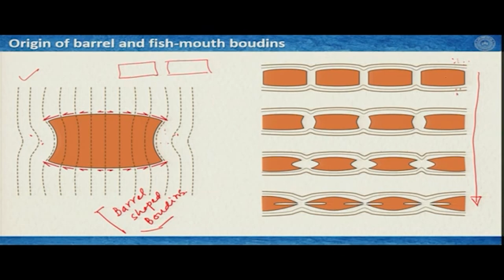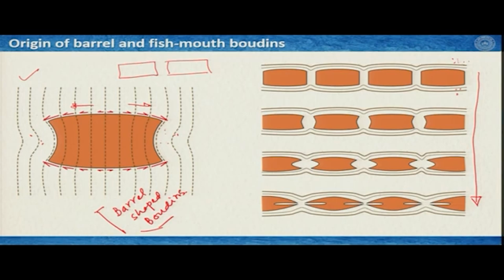And if that happens, then you develop a shear strain at the longer edges of the Boudins as it is represented here. You see that you have a shear strain, and not only that, there are gradients of the shear strain as well. At the middle, the magnitude of the shear strain is less, while travelling towards the edge or the corner of the Boudin, the magnitude of the shear strain continuously increases. And you also see that the sense of shear is opposite.